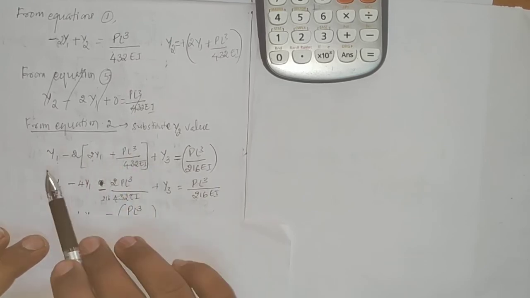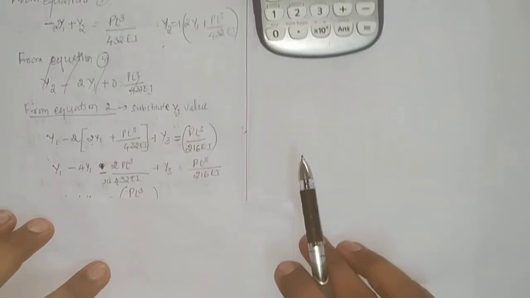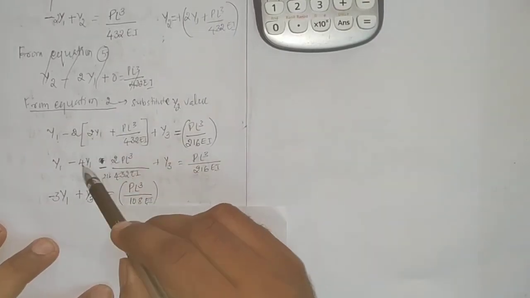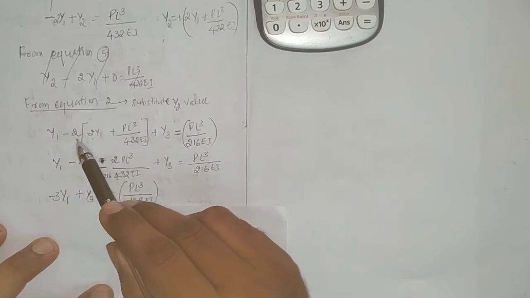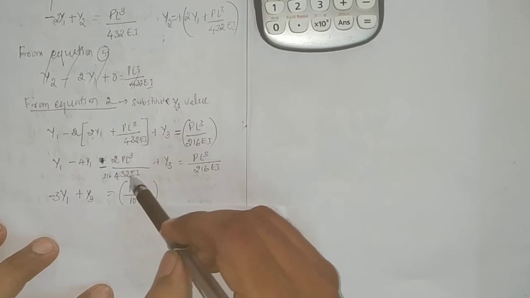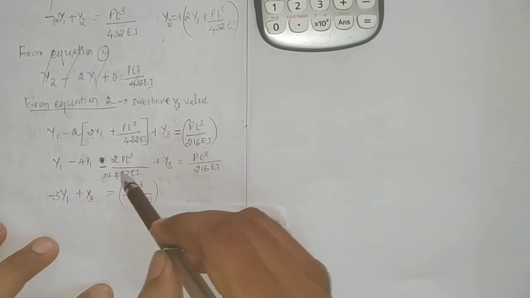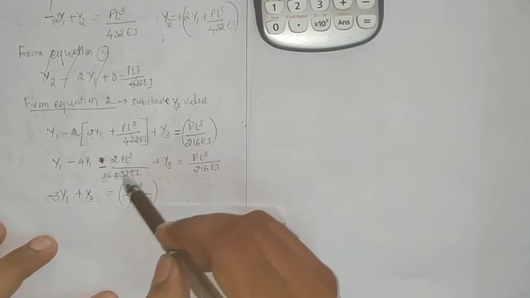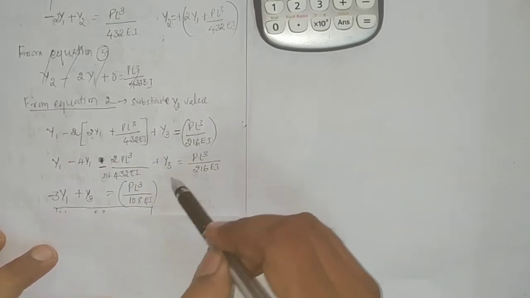With further simplification, this will become 4y1 plus 2 PL cube by 432 EI, which goes by 216 times, therefore minus PL cube by 216 EI remains.